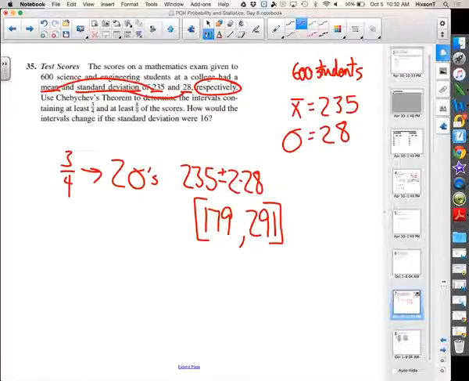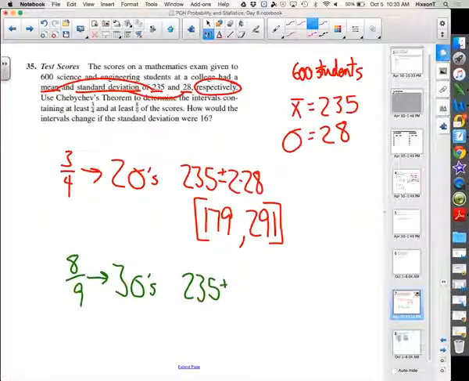Any questions? Okay. So then for 8/9, how many standard deviations was that? 3. And by the way, this is where you would just have to start trying k's until you got 3/4 and 8/9. You just have to try it. So we're going to use 235 plus or minus 3 standard deviations.